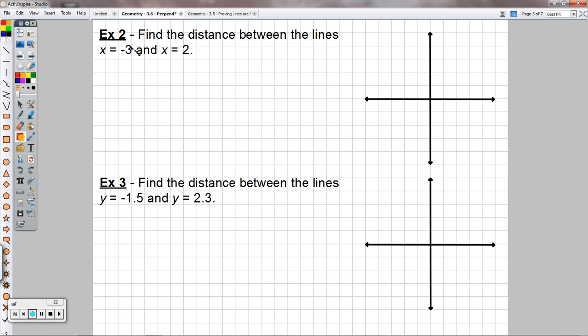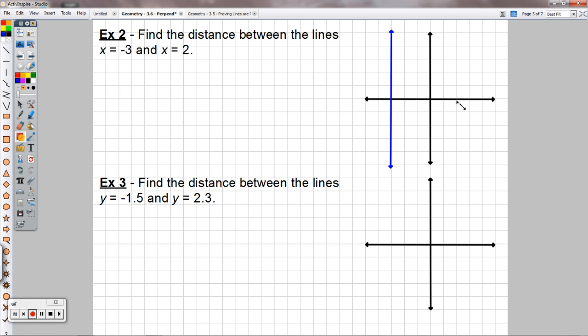That means it doesn't matter what y is, x always equals -3. So if I go back to -3, y could be 1, 2, 3, 4. It doesn't matter. X always equals -3. So here's one line. I think I want to make that a little thicker. So x always equals -3. That's better.